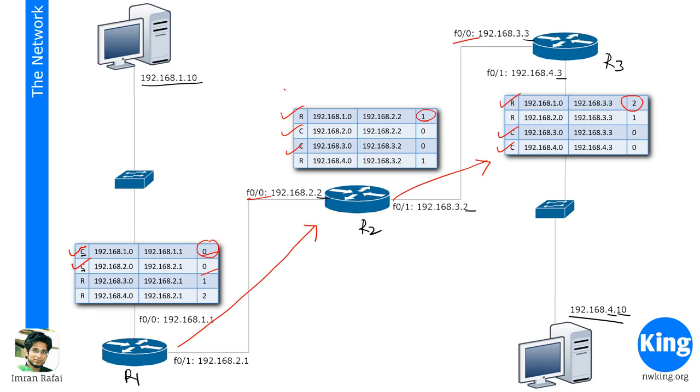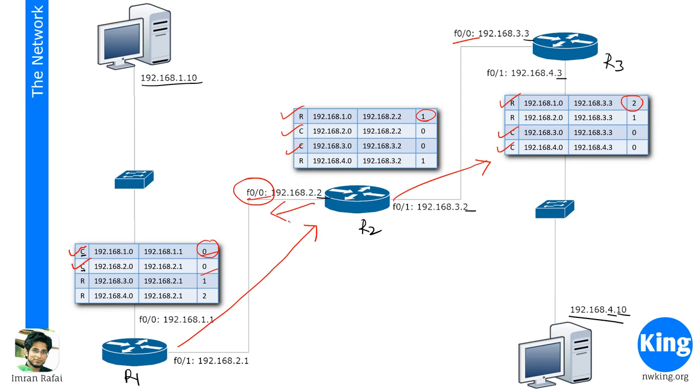It learned it on F0/0. That means when router 2 sends out updates to router 1, it will definitely not send updates about 192.168.1.0 on F0/0. It will only send 3.0 and 4.0, because 2.0 it will also not send, because 2.0 was also learned from F0/0, as it is connected to that network on F0/0.